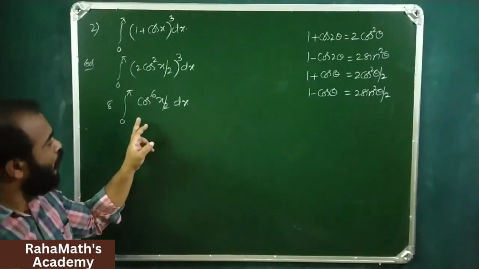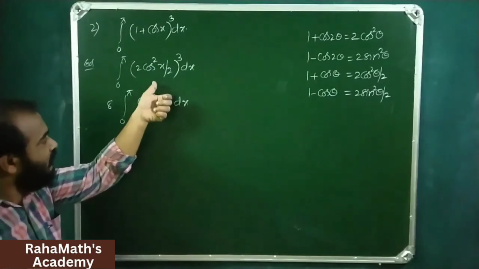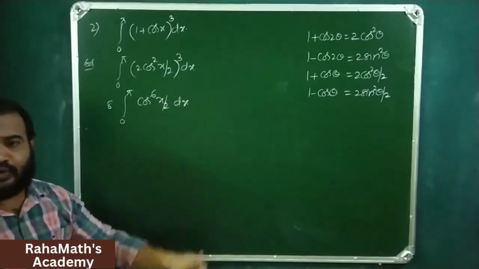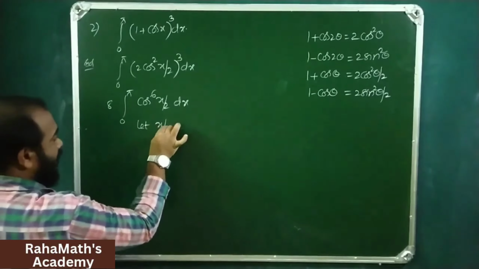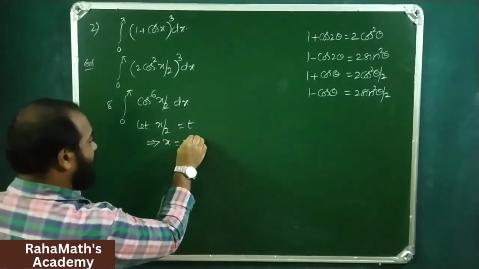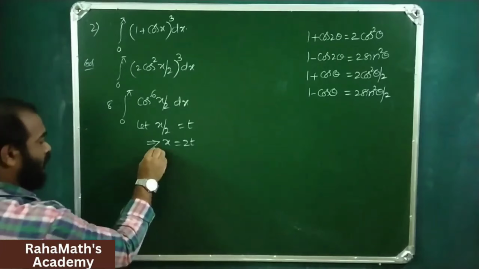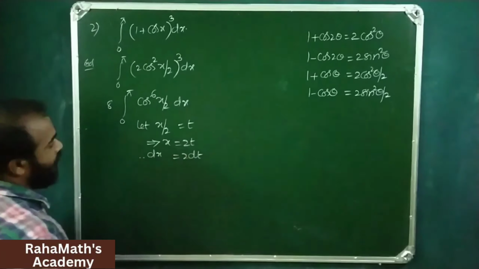We are only concerned about integral 0 to pi by 2 cos power 6 x, but not x by 2. That is why let us take the substitution. Let x by 2 equals t. So x equals 2t, therefore dx is equals to 2 dt.